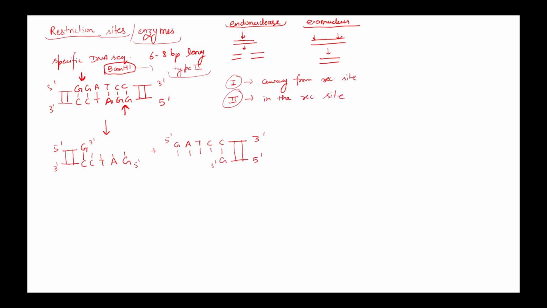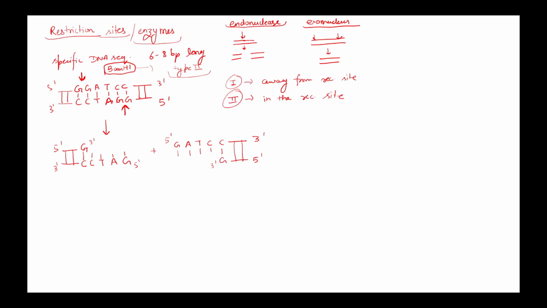So BamH1, EcoR1, all these are type 2 restriction endonucleases which recognize a specific sequence and make a cut at those specific sequences only in the DNA. So this is the BamH1 specific restriction site.